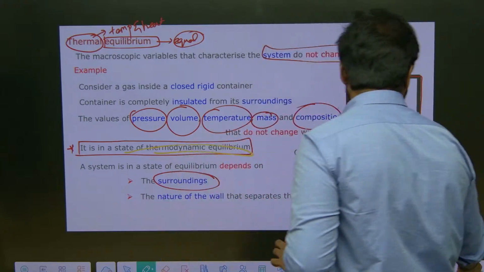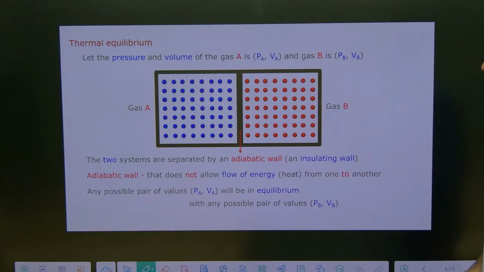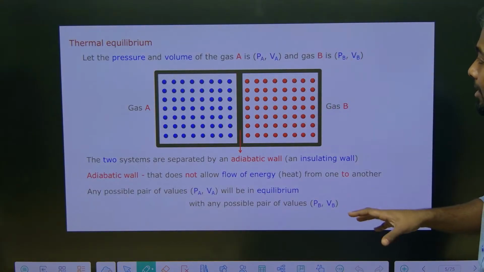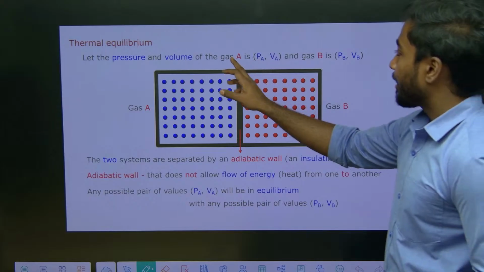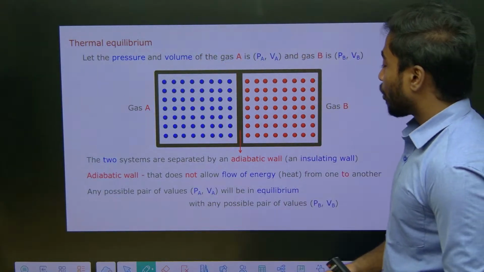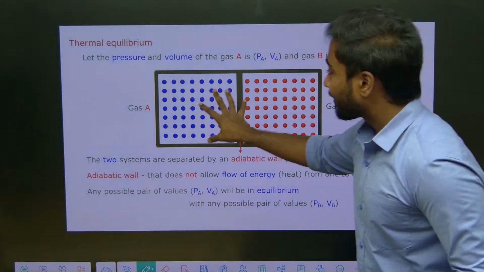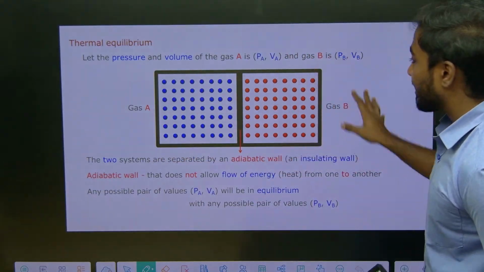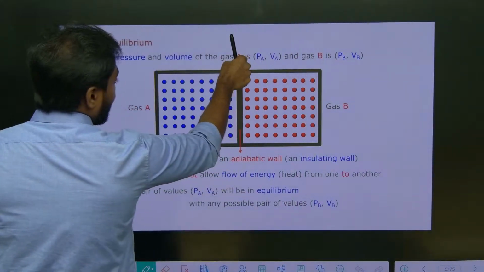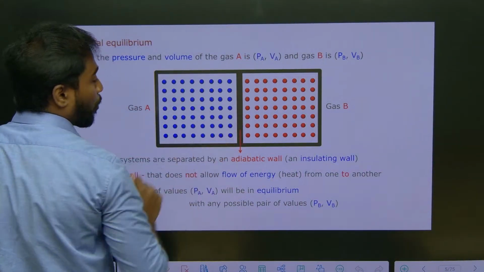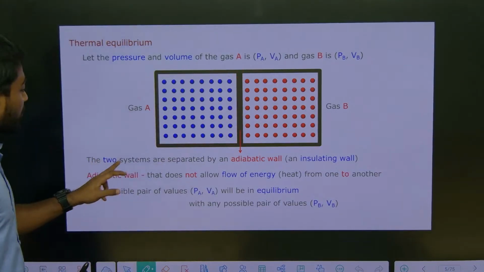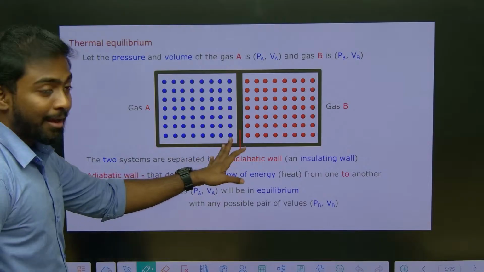Okay, the next thing is thermal equilibrium in a different setup. We have taken gas A and gas B; the blue is gas A and the red is gas B. They are divided by an insulated wall. The two systems are separated by an adiabatic wall.